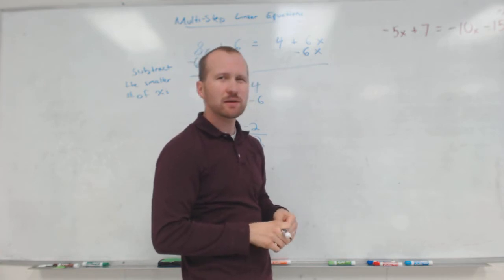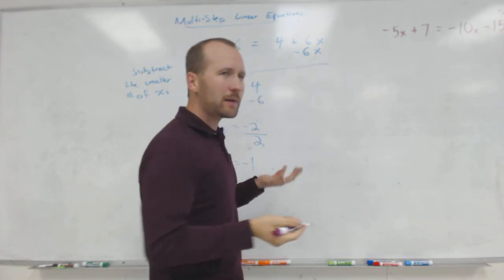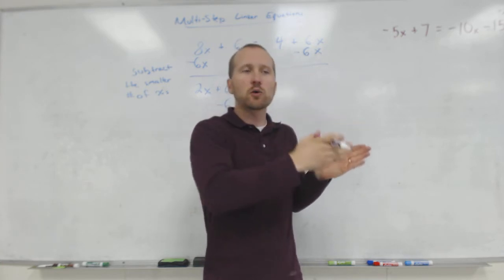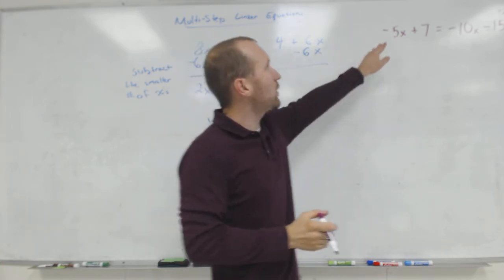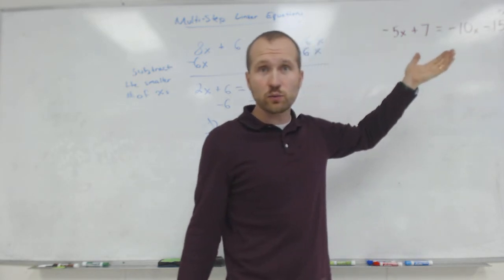Is negative 5 smaller? No. Which one is smaller? Now, what do I mean by smaller? I just mean the lower number. So which number is lower, negative 5 or negative 10? Negative 10 is way lower, right?